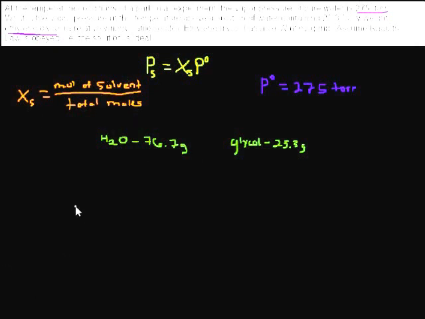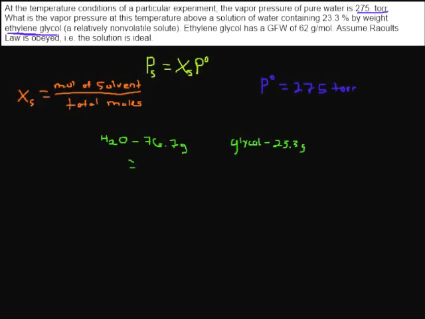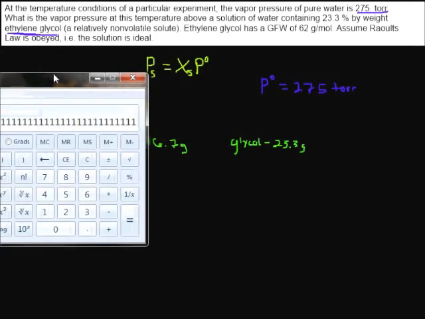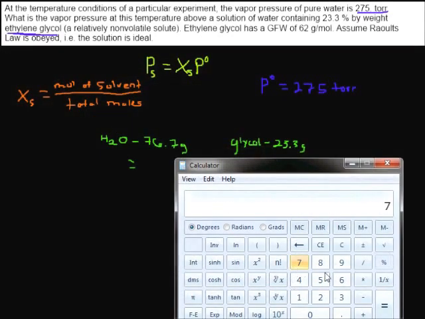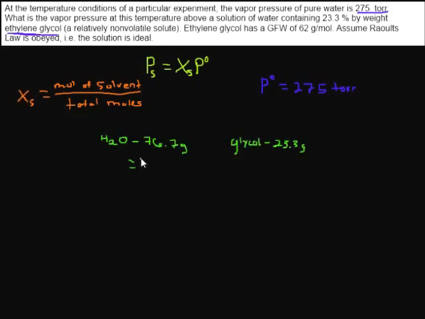Okay? So 76.7 divided by 18. Let me just make sure I did it right. Alright, so 4.26 moles.